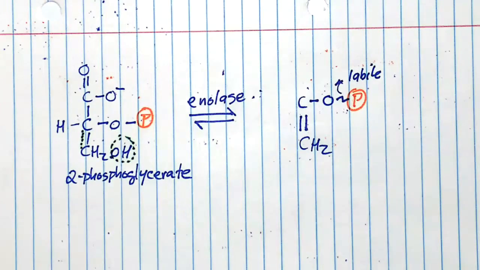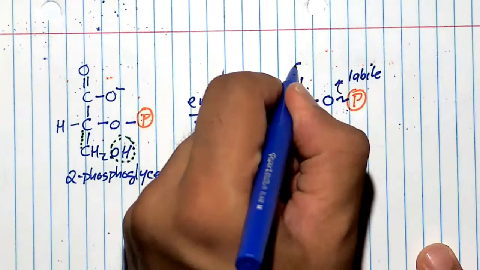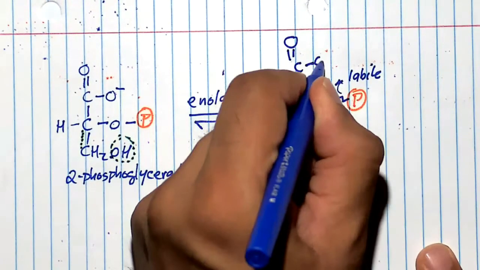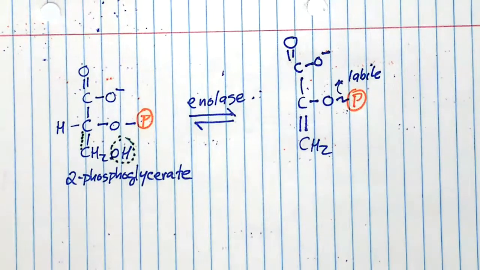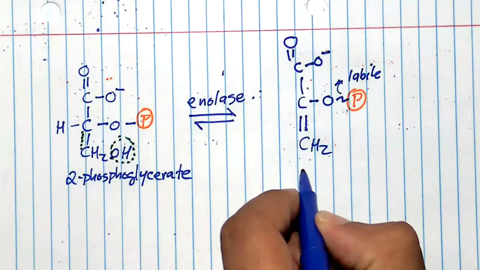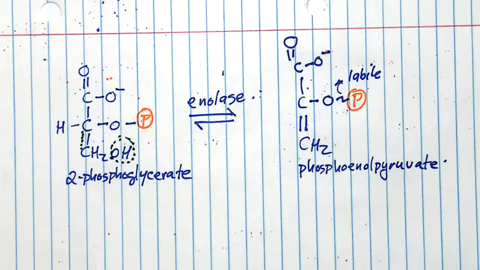This carboxylate stays the same. And this molecule here is called phosphoenolpyruvate. This is reaction 9 of glycolysis.